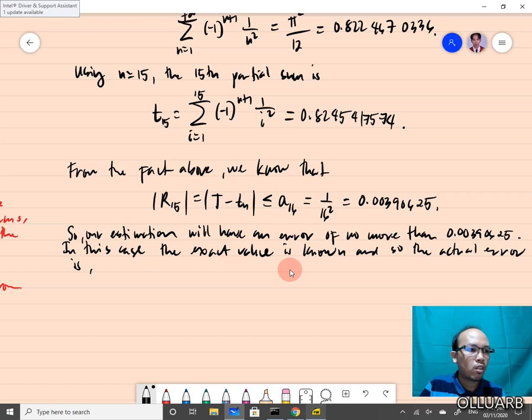is given by this one, r sub 15. Our t is that one, 0.82246703336 minus our t sub n, this one, t sub 15.